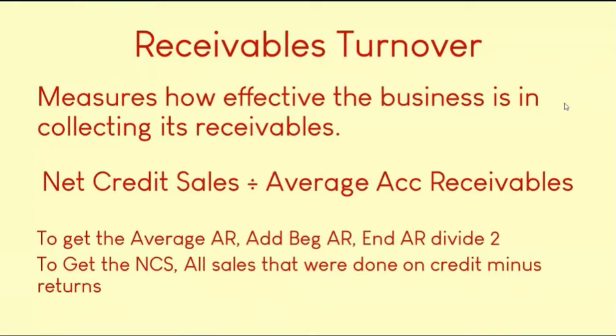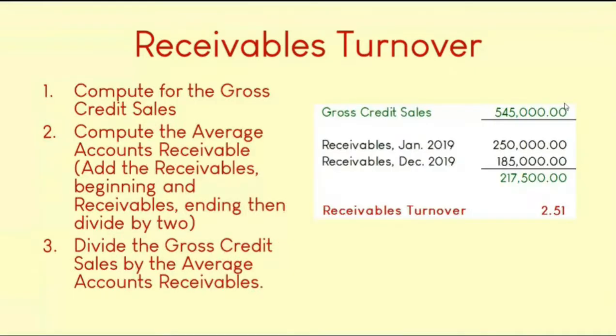And then we need to get the average accounts receivable. So average the beginning and the ending. To get the average, the beginning balance of the accounts receivable and the ending balance of accounts receivable divided by 2, and that is your average accounts receivable. In this case, we have the gross credit sales of 545,000, and we have the beginning accounts receivable balance of 250,000, and ending is 185,000.